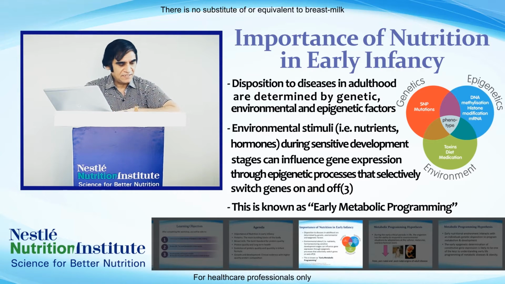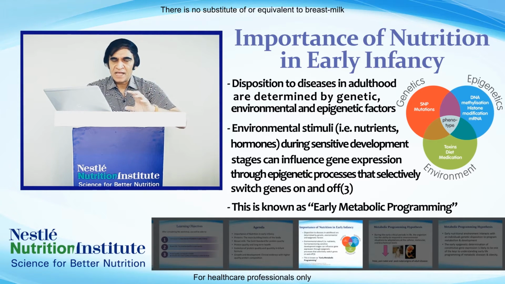In this case, I want to cite a study. There is a study done by a Swedish scientist. He showed us that if fathers are given a high calorie diet at their critical period of development, it is found that their children are more likely to suffer from diseases like cardiovascular disease, obesity, and also weight gain.